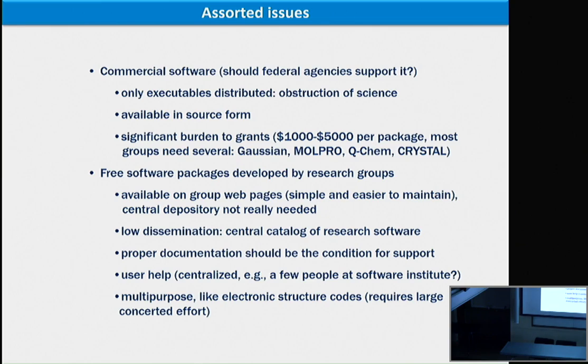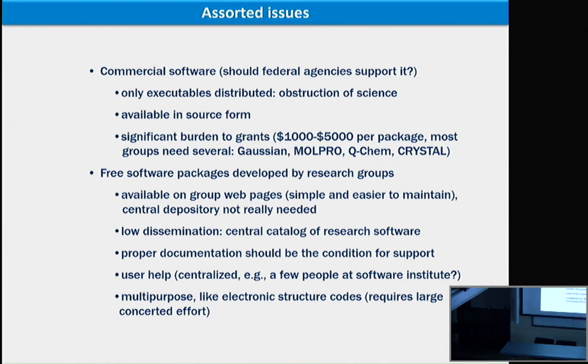Some are less expensive, some are more expensive, but if you buy all of them, it's a significant use of grant money, and moreover, it's not a one-time purchase. In many cases, you have to pay a yearly license. So I am for developing free software packages. They can be easily disseminated by putting them on group websites or a central depository. I'm not against commercial software, but it's not really something which we need badly.